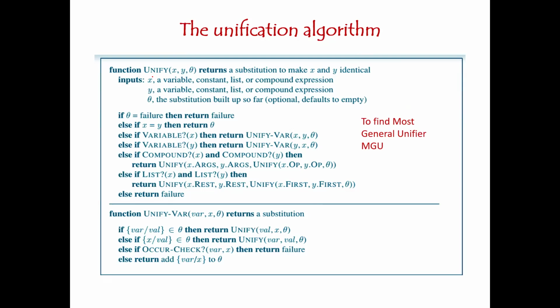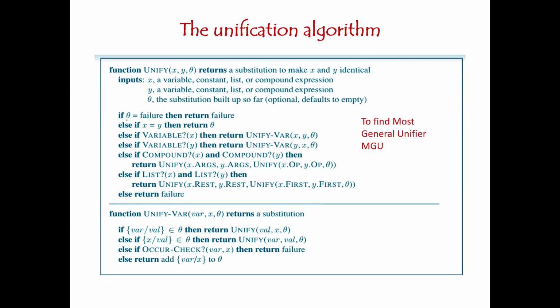This is what we have seen in the definition. Here x or y can be a variable, a constant, a list of elements like an array, or a compound expression involving sub-expressions. Theta is the substitution.